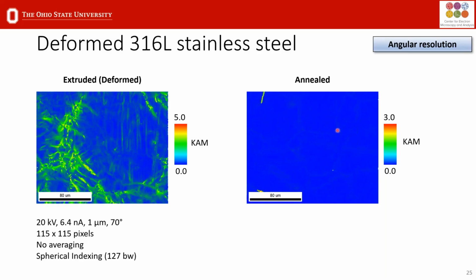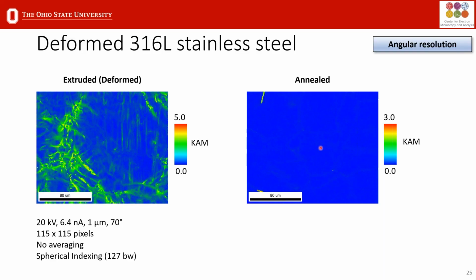When we apply spherical indexing, no averaging, we can see that the noise pixels completely disappear. And now you can actually make out the slip traces and the low angle grain boundaries that formed in this deformed sample quite clearly. And then for the annealed sample, we can see that the misorientations completely disappear. So this is really important if you want to do dislocation analysis using EBSD.